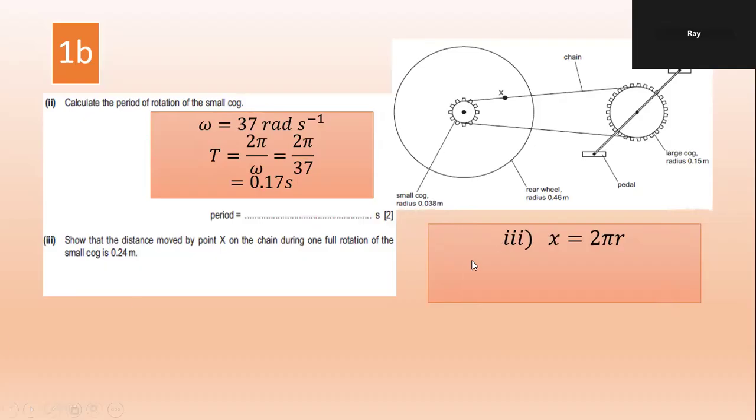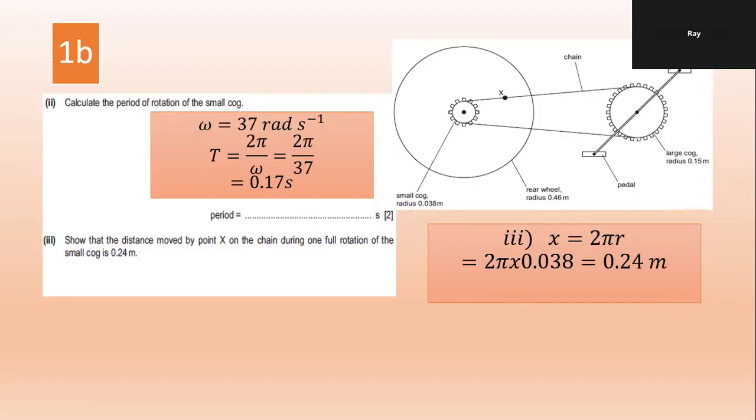Right? x equals 2 pi r. One rotation is 2 pi r. r is the radius of this one, because this is the one that produced x, the distance there. 2 pi, that's the radius. Use your calculator. Okay, anything that I need to explain further?